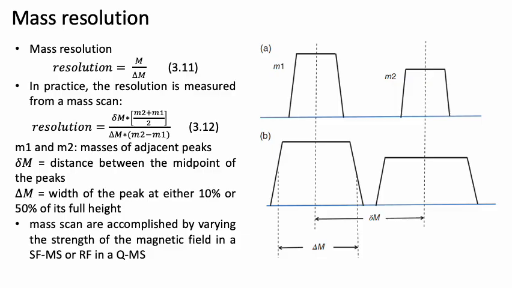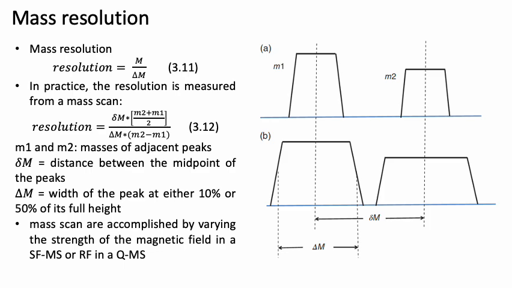And you do a mass scan by varying the strength of the magnetic field, either in a sector field mass spectrometer, so the ones with the big magnets, or you change the RF and DC voltage in your quadrupole mass spectrometer in order to do a mass scan.